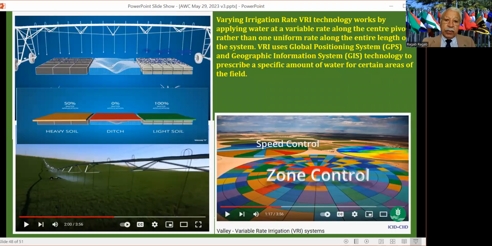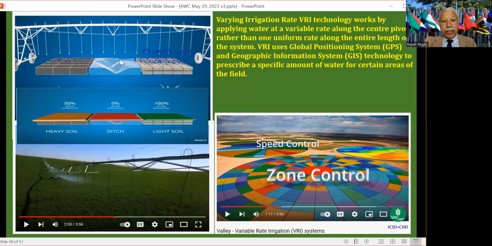Another system now coming to the market from center pivot companies is the variable rate irrigation, VRI, technology, which depends on GPS and GIS, where the center pivot arm has a variable rate to irrigate the areas below. For example, if we have a light soil, a ditch and a heavy soil under the arm here, you can expect more water to go to the light soil section.